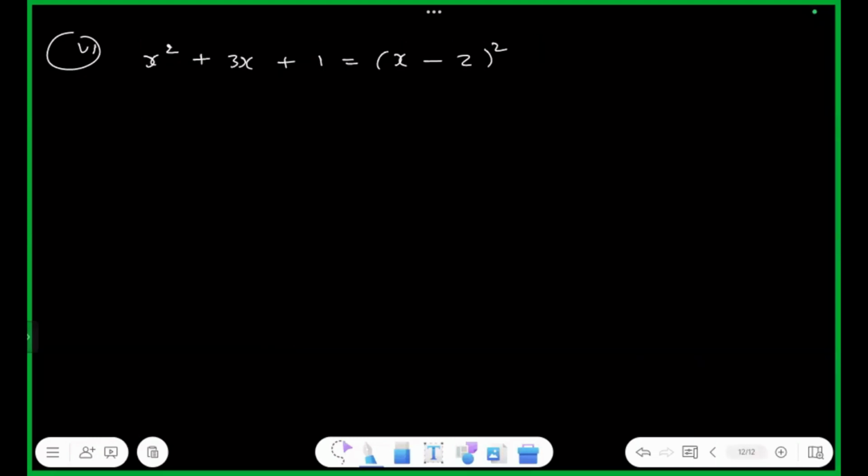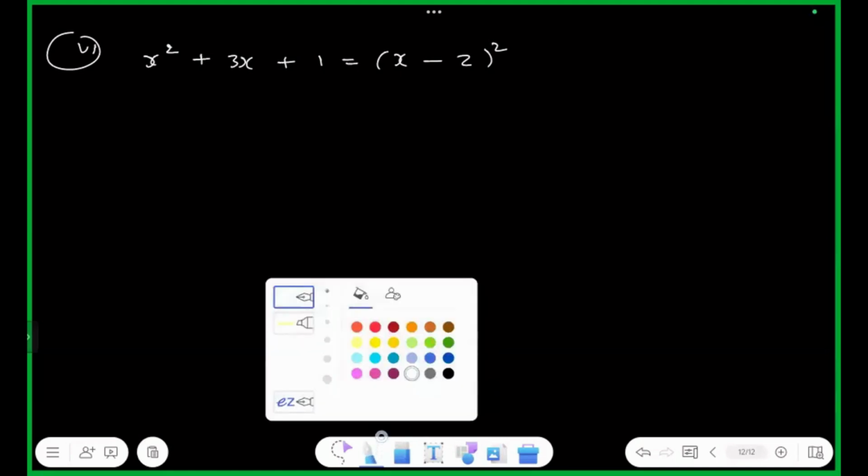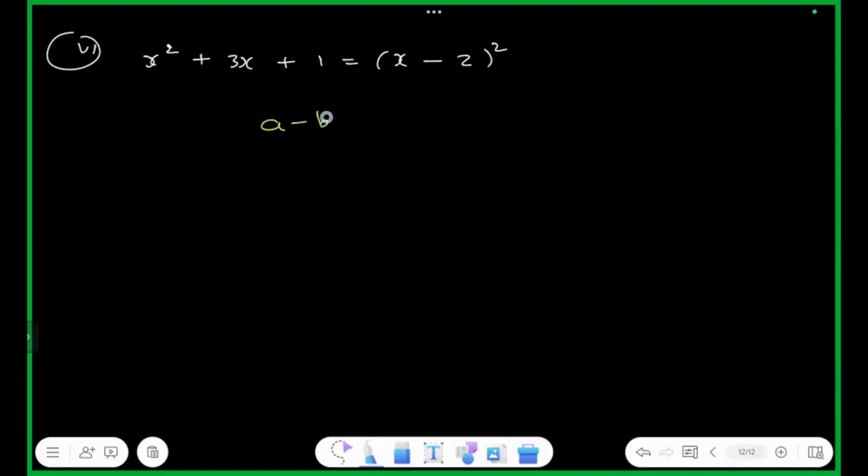Write down question number 6: x square plus 3x plus 1 is equal to x minus 2 whole square. Here we can use the identity a minus b whole square to expand x minus 2 whole square. Our identity is a minus b whole square equals a square minus 2ab plus b square.